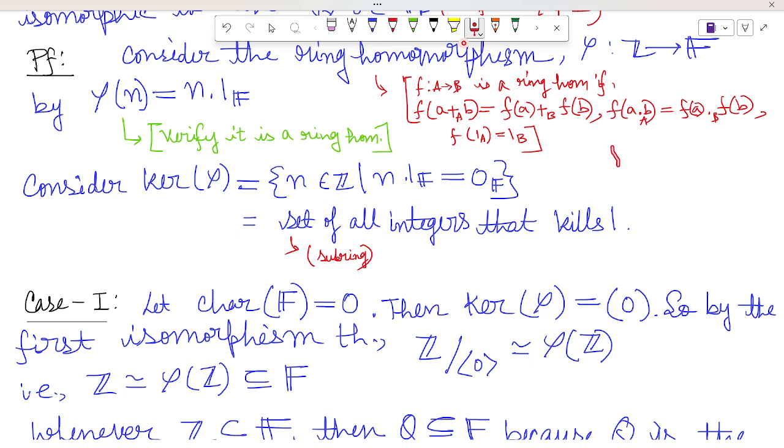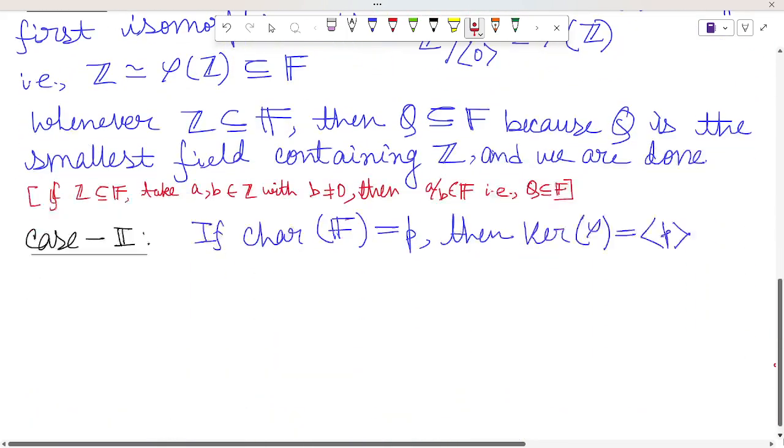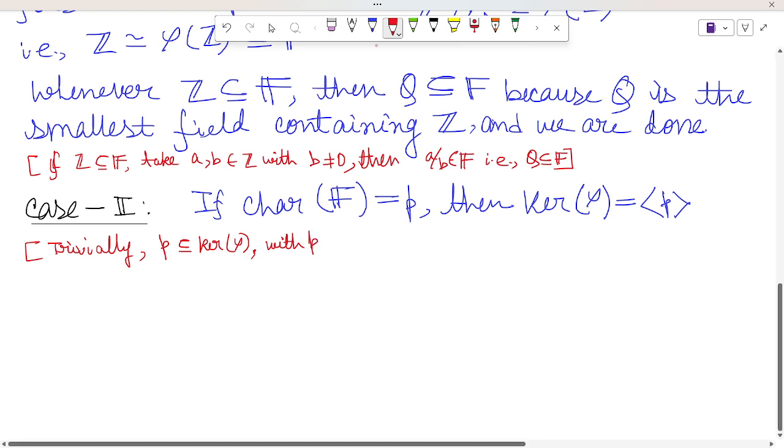Let me explain elaborately. Trivially, p is inside the kernel of phi, with p the smallest.